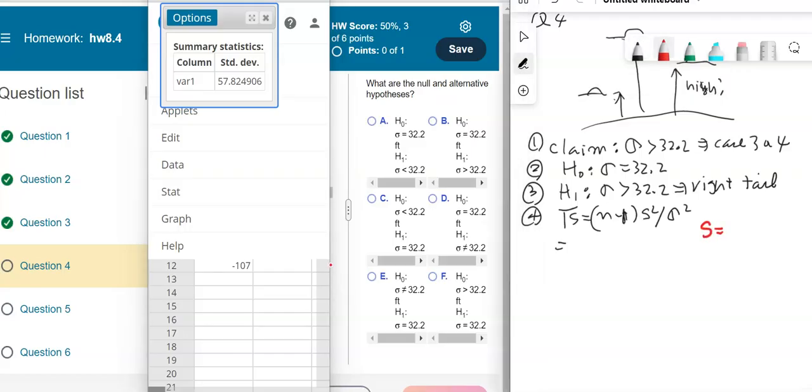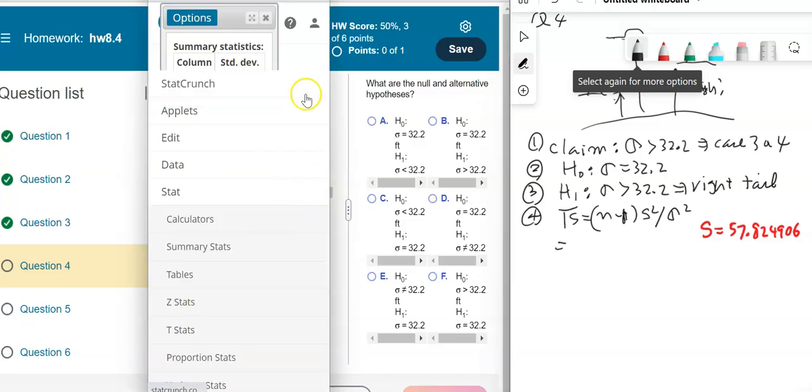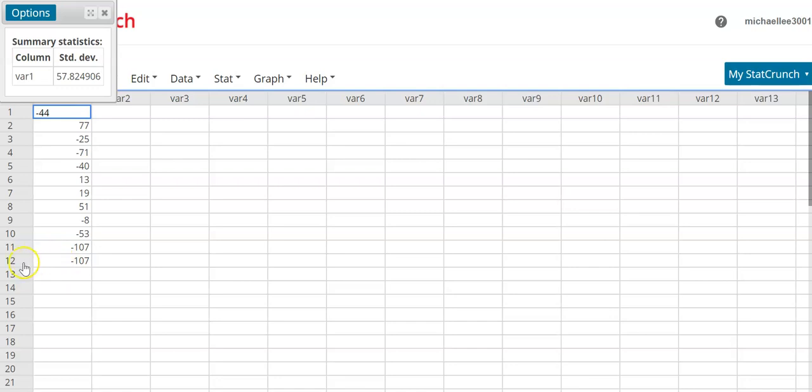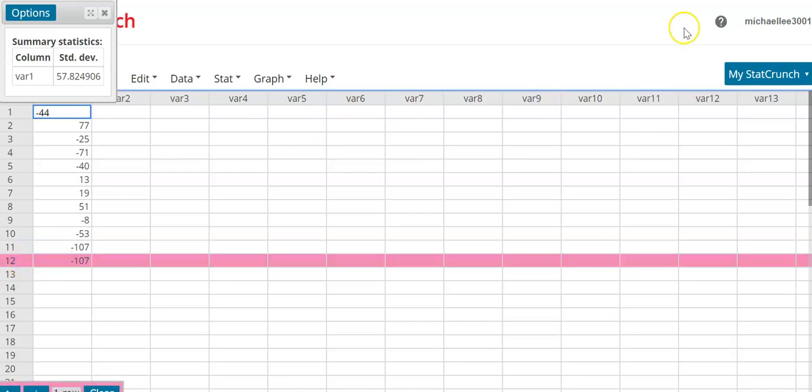S is 57.824906. I'll put the whole thing there, okay? So now this is n minus 1. So what is n, by the way? How many? So there are 12 of them, right? Do you see that? There are 12 of them.